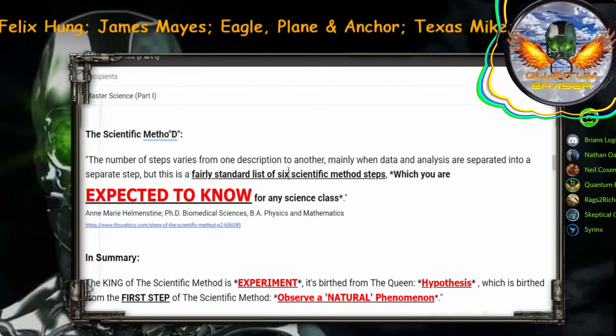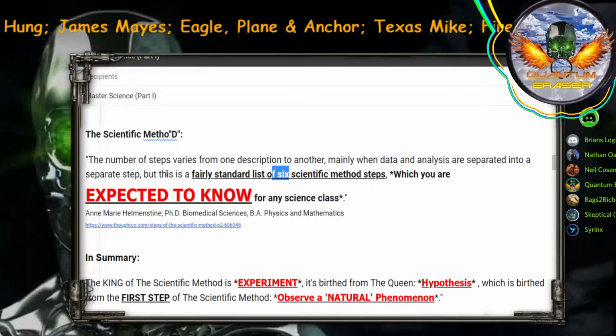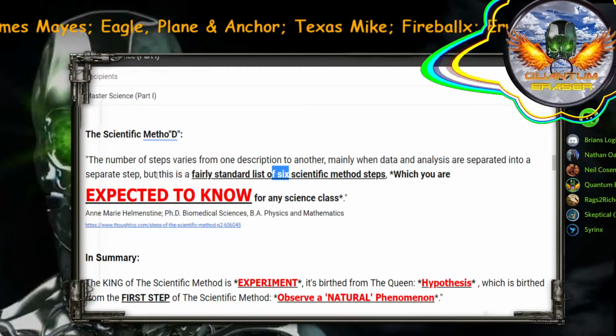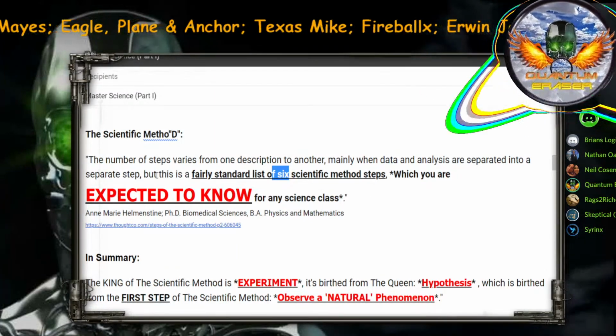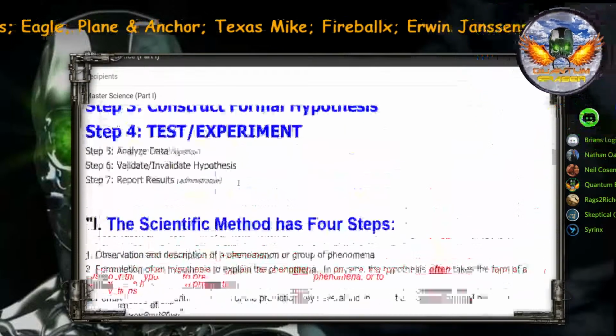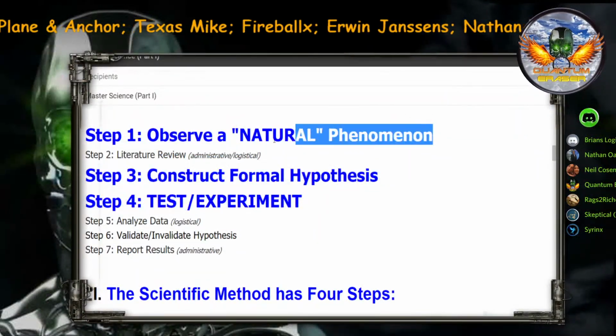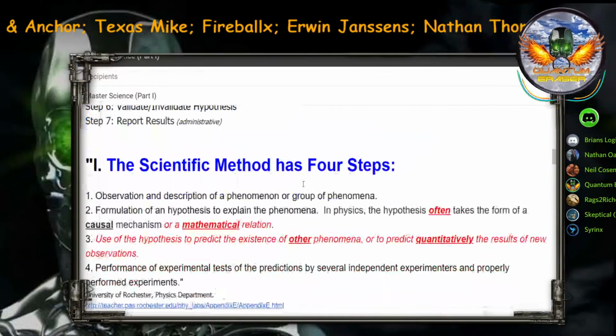Now, she's got 6 steps, but she already told you the reason why. They're playing little games with the logistical steps, right? Some are putting them in, some are leaving them out. But you must have these 3, or it's not science, natural science, right?